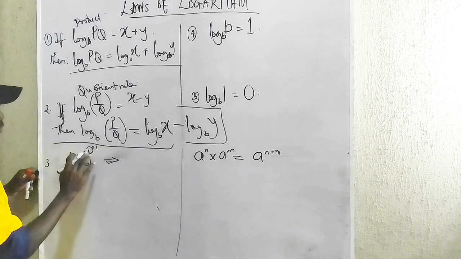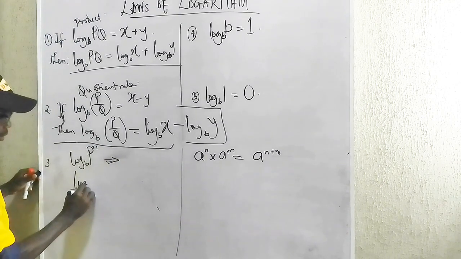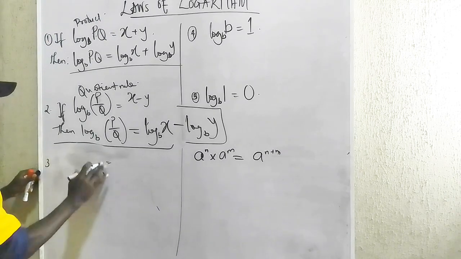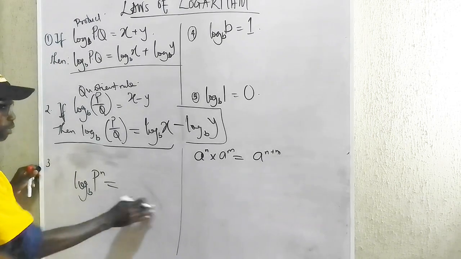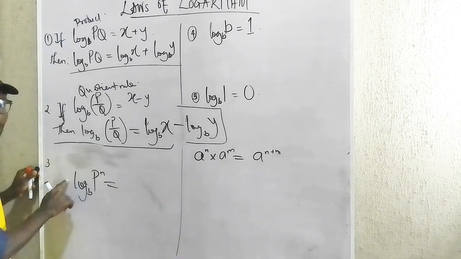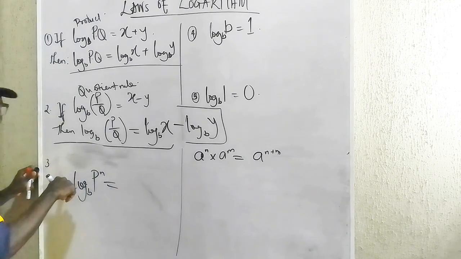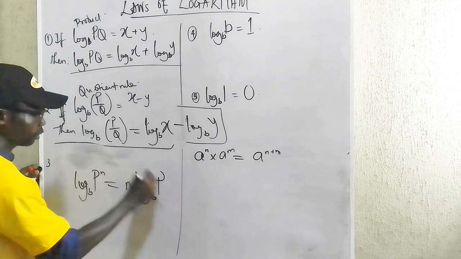Now in this case, you have the exponent part of it. Let me repeat this: p to the n. Now this rule states that when you have a power, the power becomes the multiplier. The n becomes the multiplier: n log base b of q.